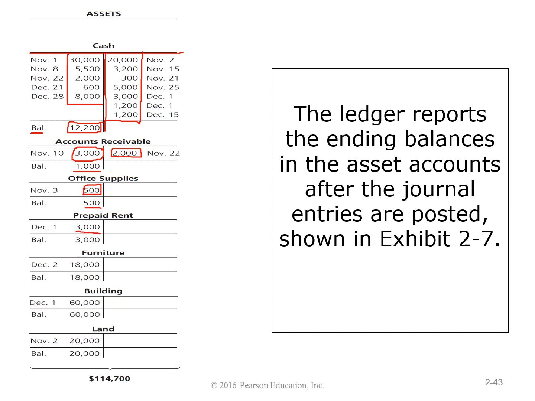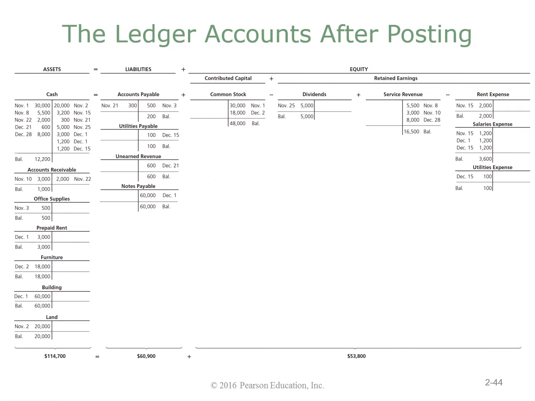Prepaid expenses, we paid 3,000 in advance, but we didn't make use of any of that rent yet, so it is again 3,000. Furniture is the same, building, land, and the total of the assets is 114,700, as in the previous slide. So now to conclude, we have all of the assets here with a total of 114,700.